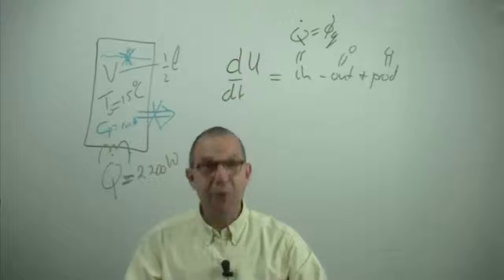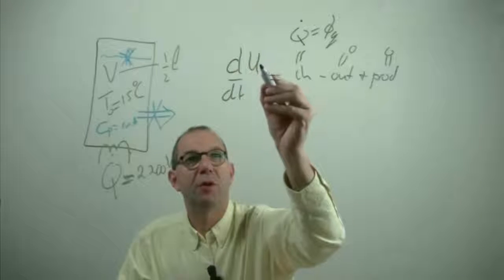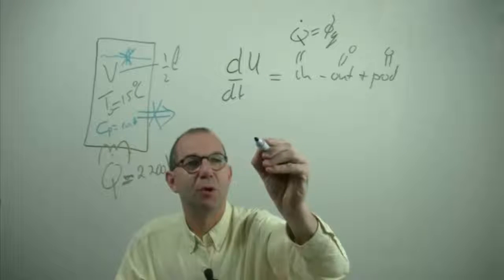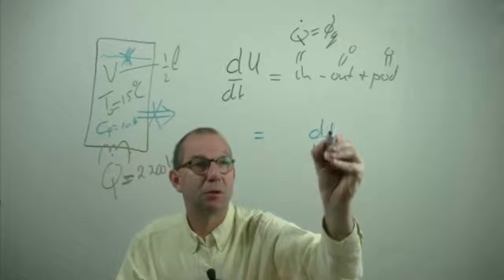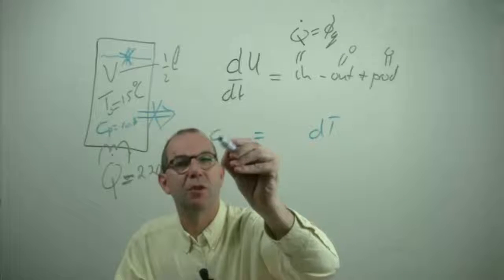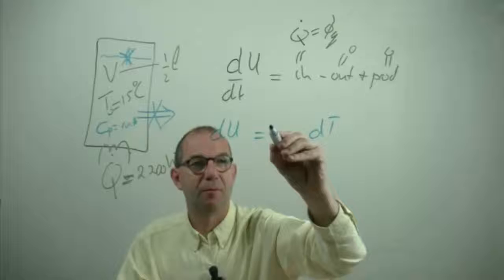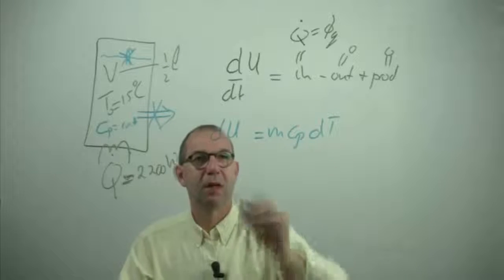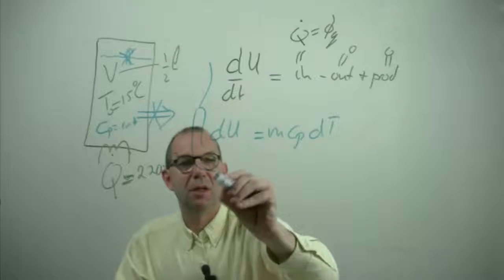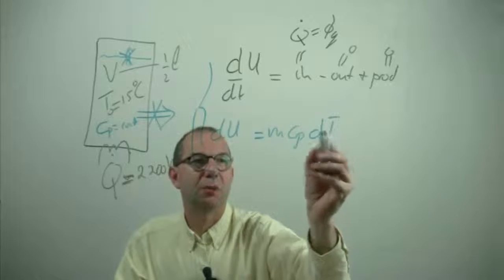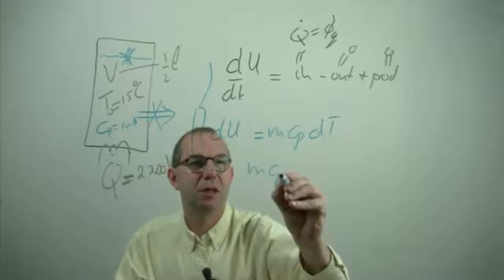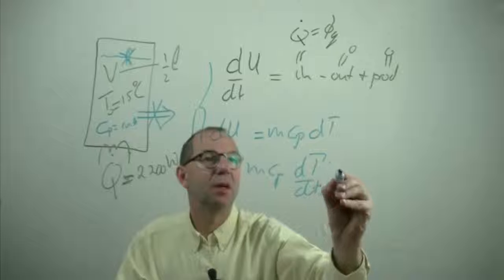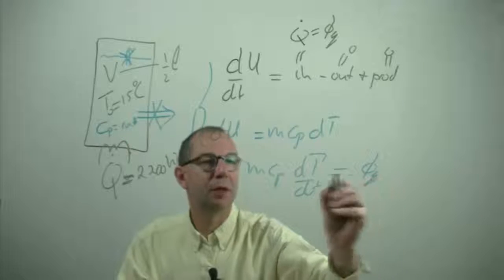Thus, I can simplify this, and I can simplify further by looking at the internal energy. A small change in temperature will give us a change in internal energy. And it depends on the mass of the system and the specific heat. If we combine these two, I get my equation for the temperature change. m Cp dT over dt equals the heat put in.